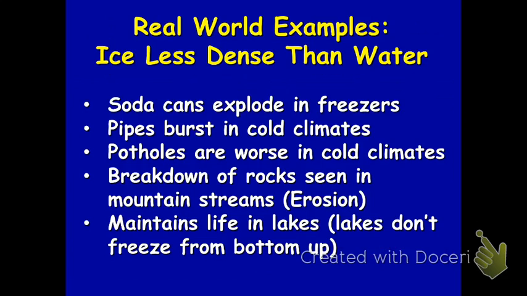If water was like any other substance and was more dense as it became a solid, as the temperature got down, the water itself would freeze and the ice would fall down to the bottom. And eventually the lake would just freeze from the bottom up, and everything in the lake would die every year.